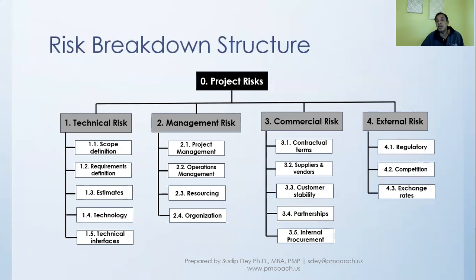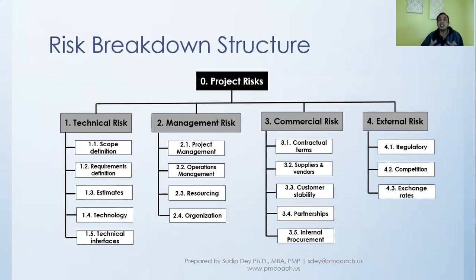And there is some external risk. For example, there might be some regulatory risk, competition risk. Each of them we can go down one more level and one more level till the point where we are comfortable. Now, this risk breakdown structure helps us when we are going to identify risk.